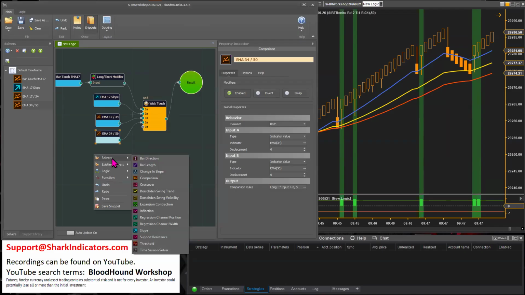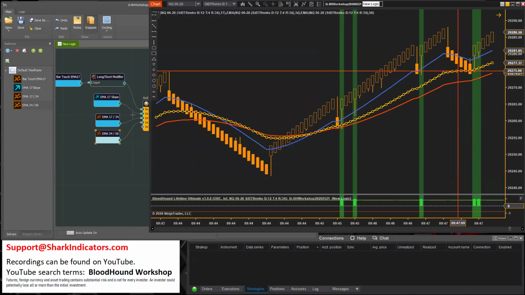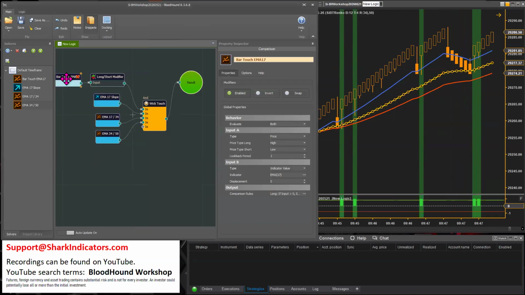So let's see here. We first need to identify if price does touch the EMA 34, right? So we have a solver over here for the EMA 17. So let's make a copy of this, and we'll paste it down here.